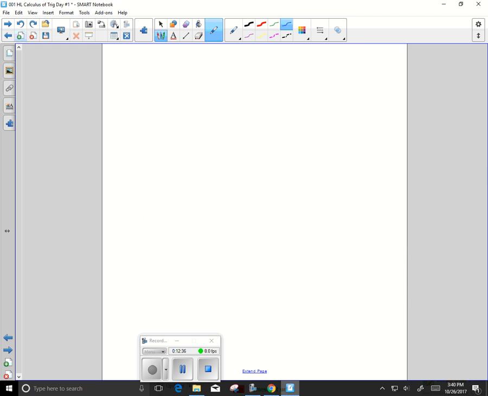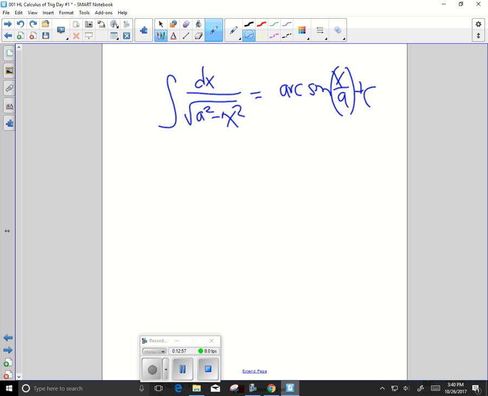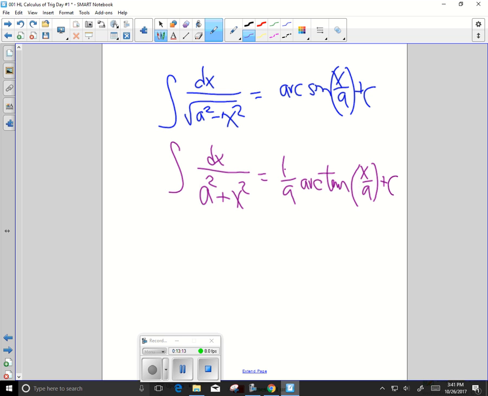So one more time, the integral of dx over square root of a squared minus x squared is going to be equal to the arc sine of x over a. No 1 over a out in front. Then the antiderivative of dx over a squared plus x squared is going to be 1 over a arc tangent x over a plus c. Did I just say simply?